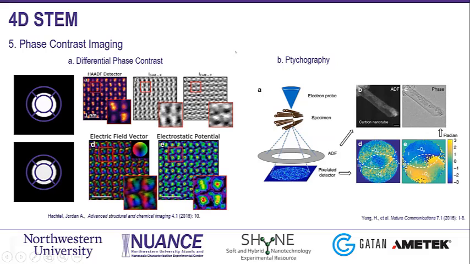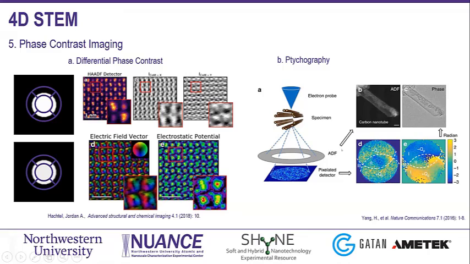Another, a little bit more advanced application here is a technique called ptychography. So ptychography was largely developed in the optics community, although the initial concept was for electrons, but it ended up being more applied in the optical field, and then more recently in the X-ray community.